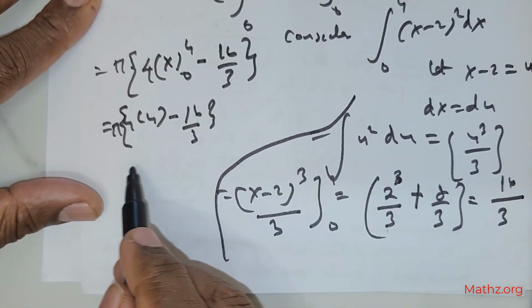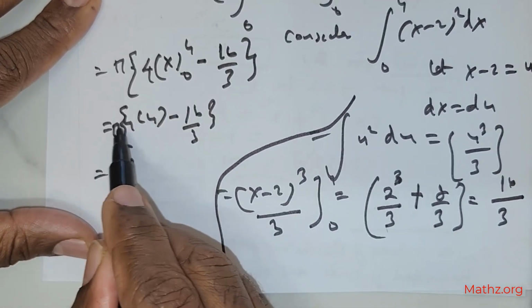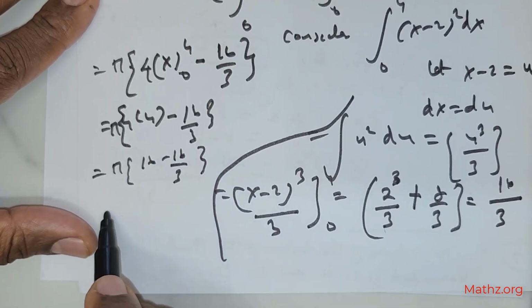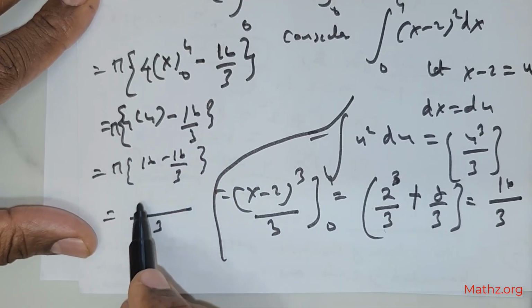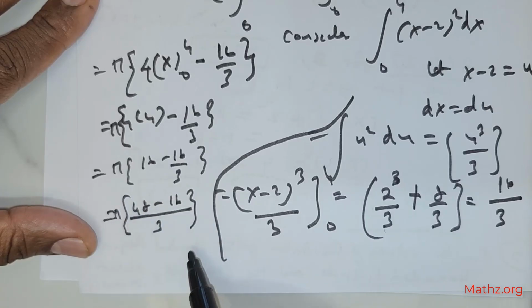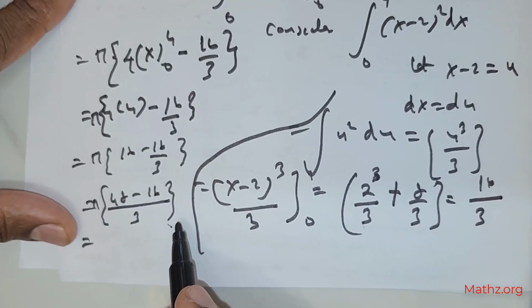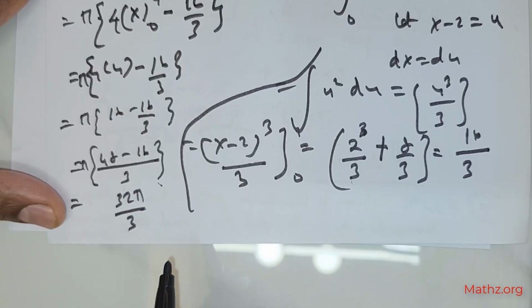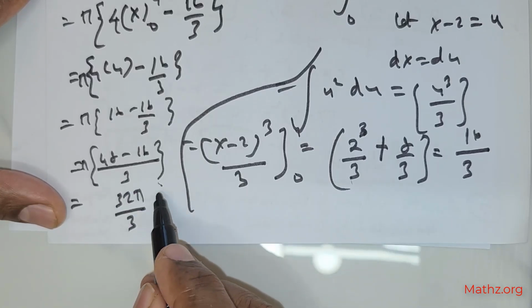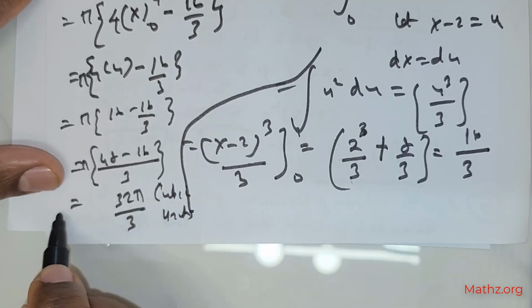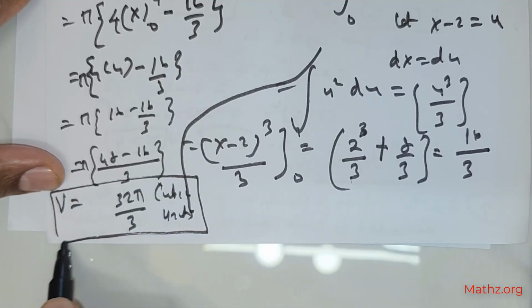Now this can be rewritten as pi times 4 into 4 is 16 minus 16 over 3. Now if you take the LCM as 3, this would be 48 minus 16, and you have a pi there, and when you subtract this, it would give you 32. So 32 pi over 3 cubic units, right? Cubic units. So this is the required volume.